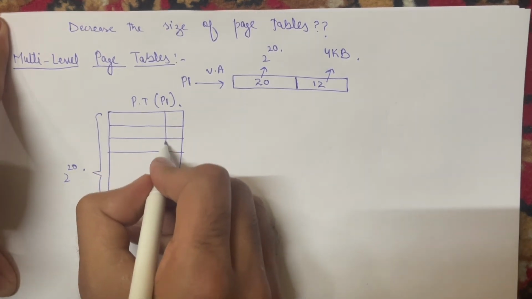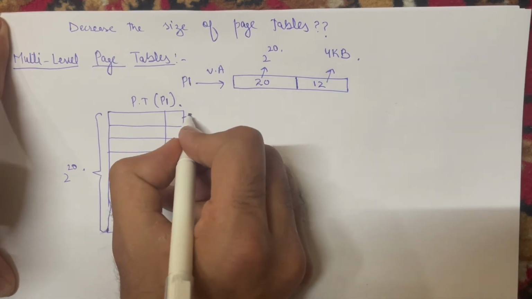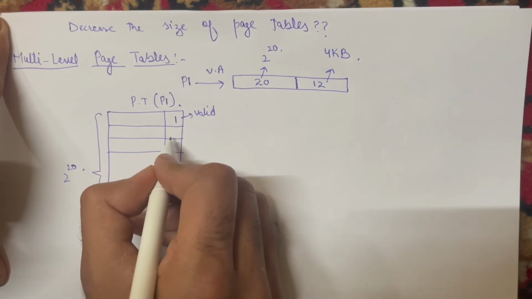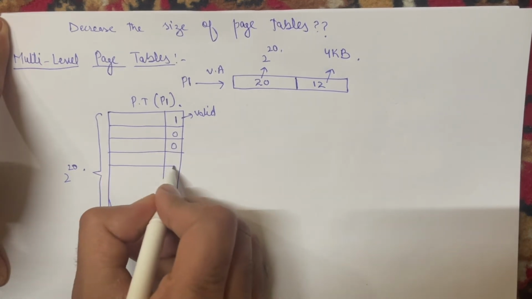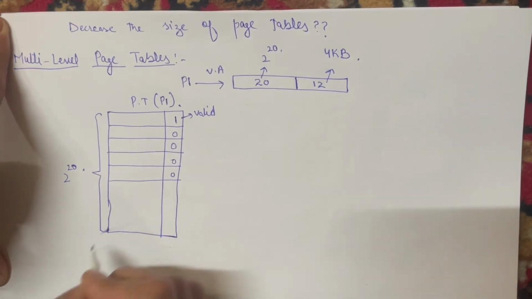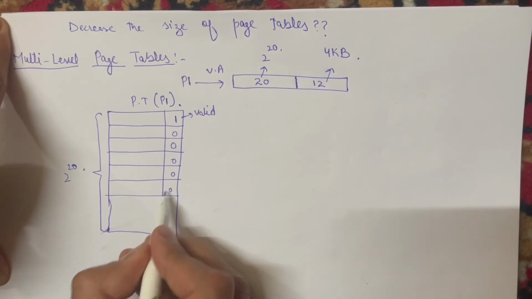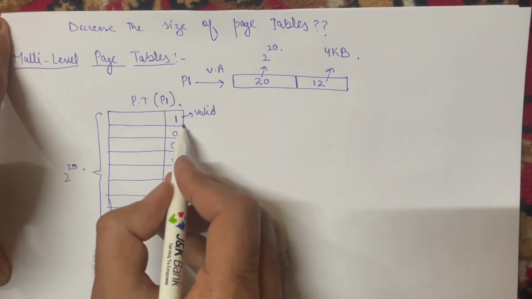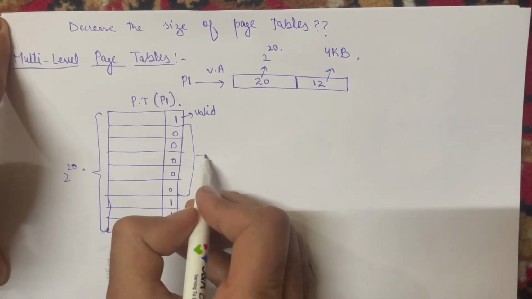Now in every entry there is one extra bit called the valid bit. For some entries the valid bit is 1 and for other entries the valid bit is 0. For most of these entries the valid bit is 0.